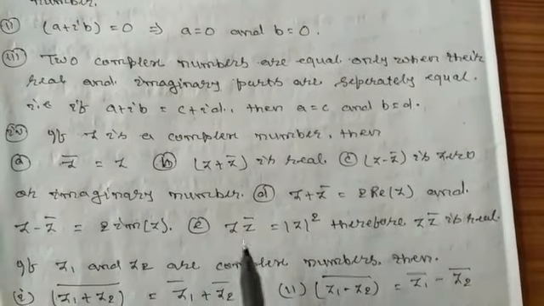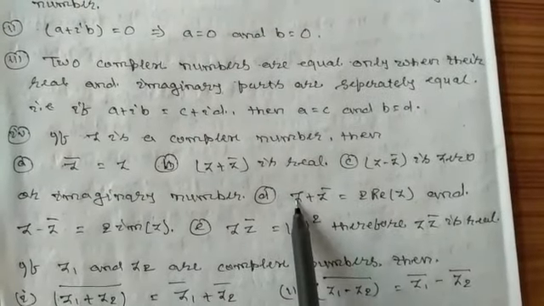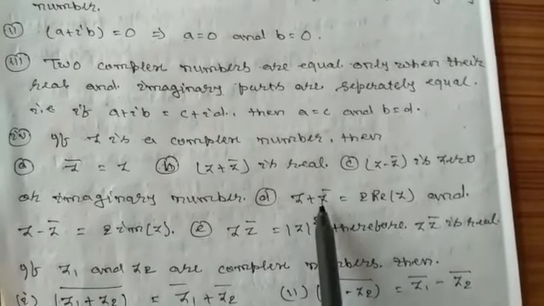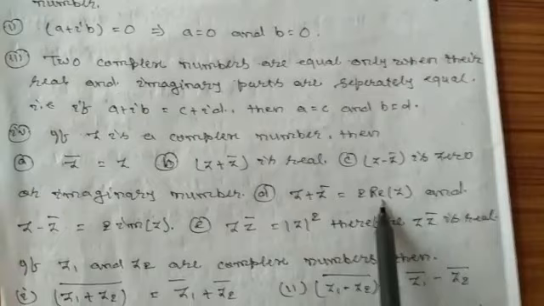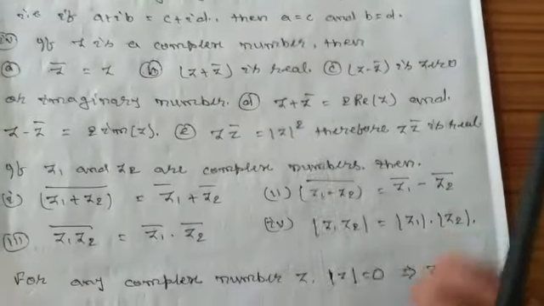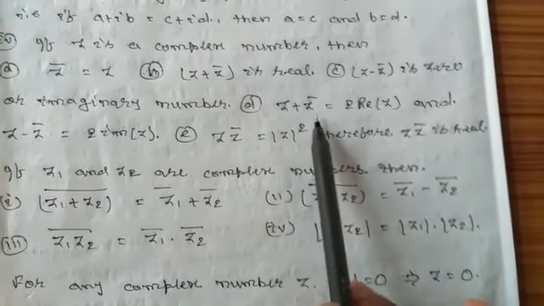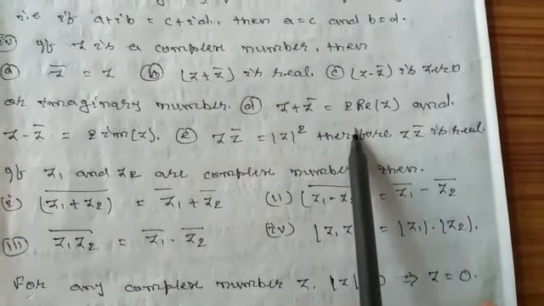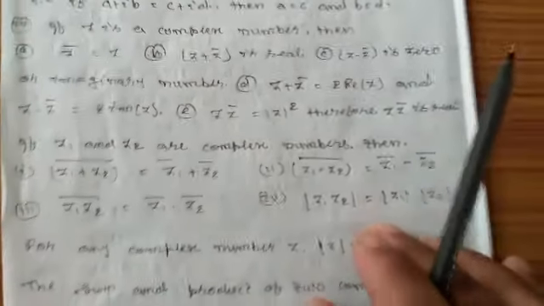That is, the sum of a complex number and its conjugate is twice the real part of the complex number.